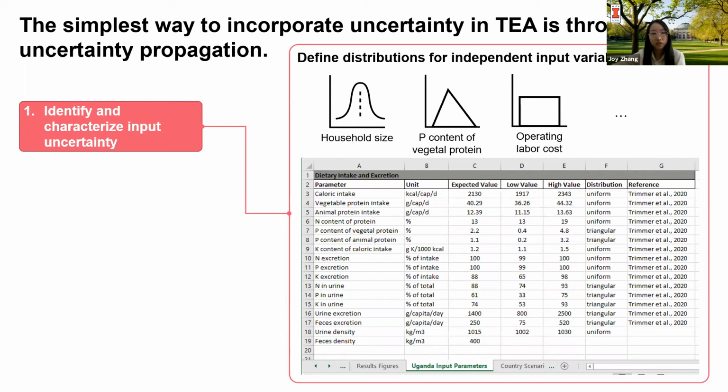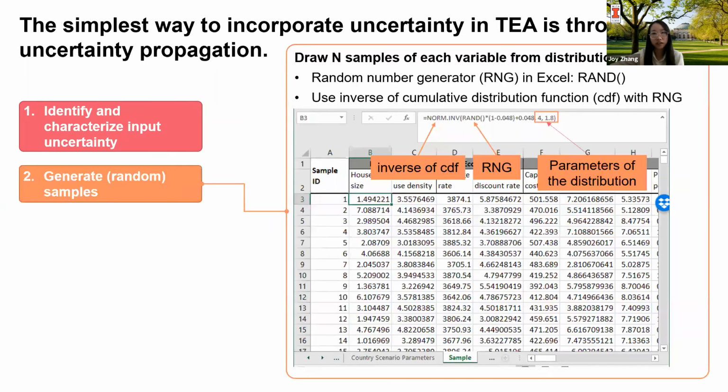And we will need to collect data and define a probability distribution for each independent parameter on the list. Once we have the distributions defined, we can generate samples for each of the independent parameters.